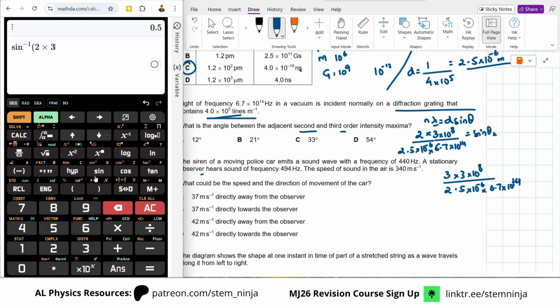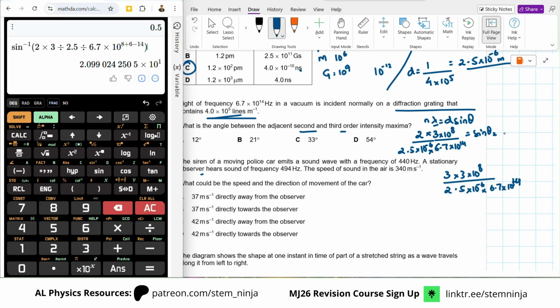So 2 times 3 times 8, 10 raised to power 8, divided by, let's do the numbers first and then powers of 10, divided by 2.5 divided by 6.7 times 10 raised to power 8 plus 6, because minus and minus 14.